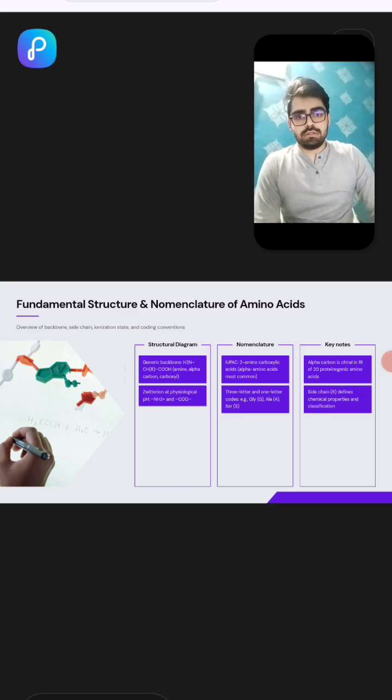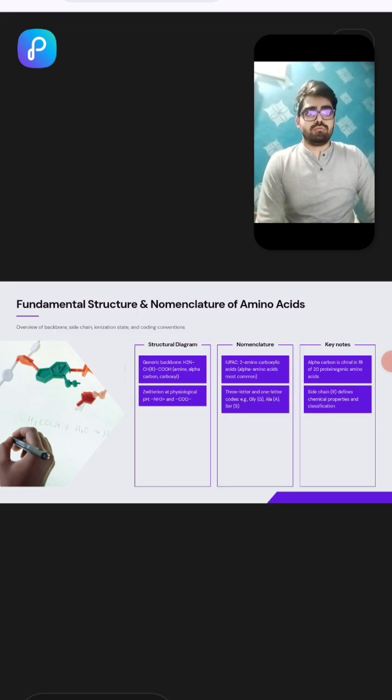As I said earlier, one amino group and one carboxylic group bound together by the side chain. Zwitterion at physiological pH. Basically, a zwitterion is a compound having both positive and negative charges, that is the definition of a zwitterion.